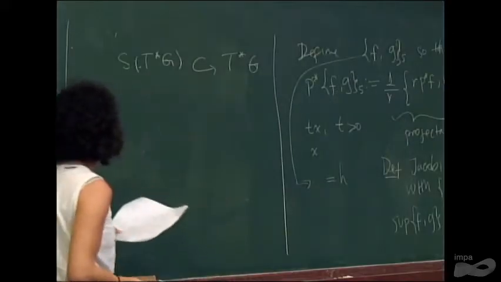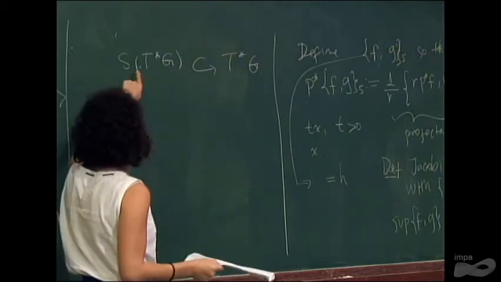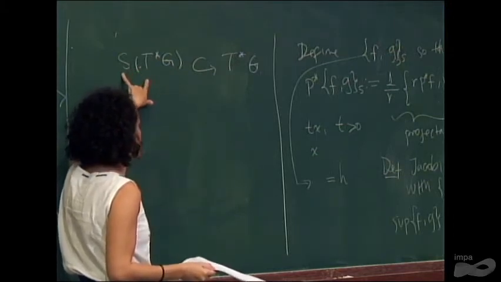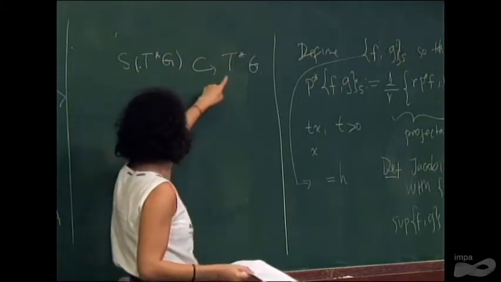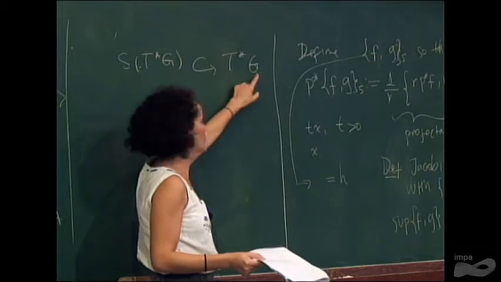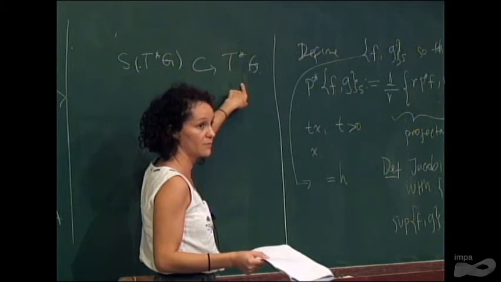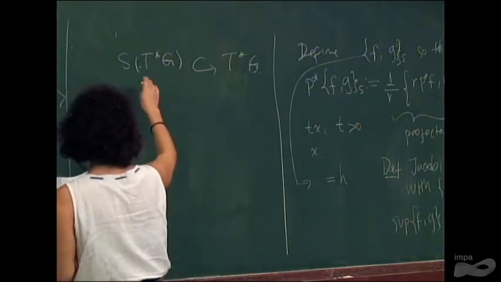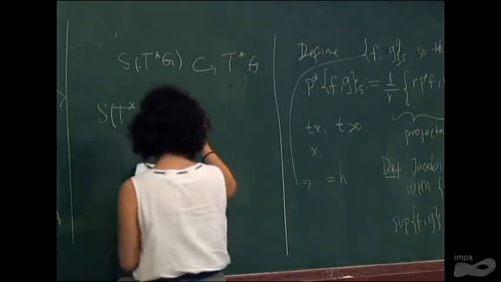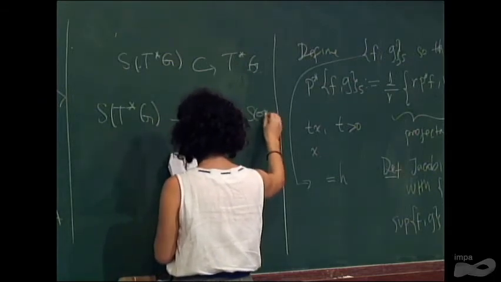And actually another way to describe this space is that it is trivializable, as T star of G is isomorphic to G times the dual of the Lie algebra. Okay, so I can also play this game here, and I have that this one is isomorphic to G times S of G star.